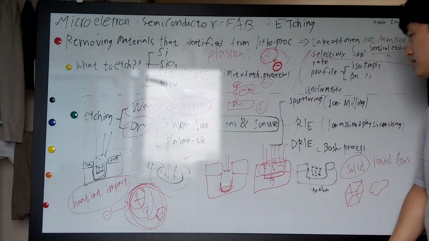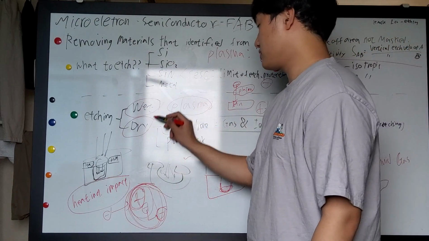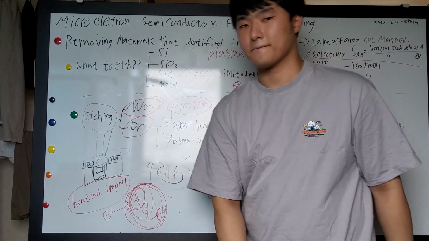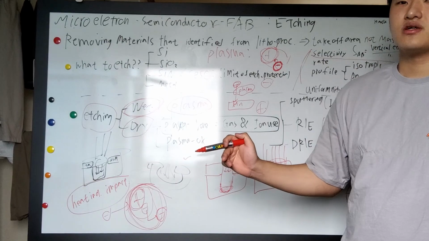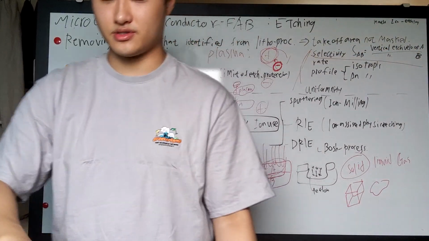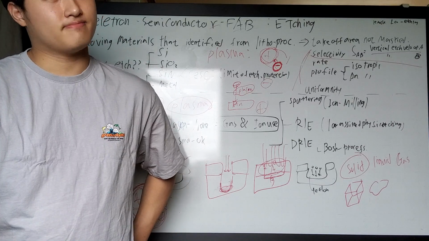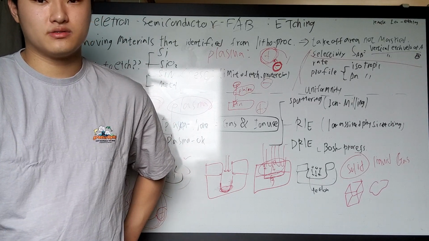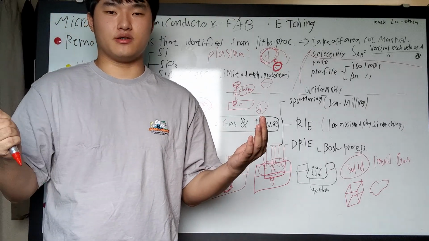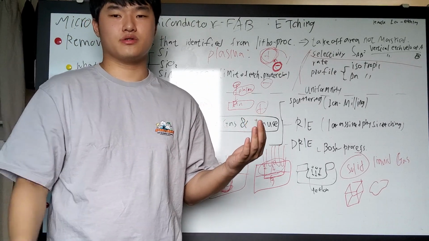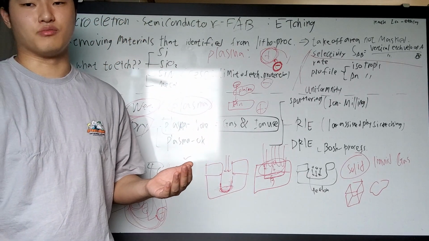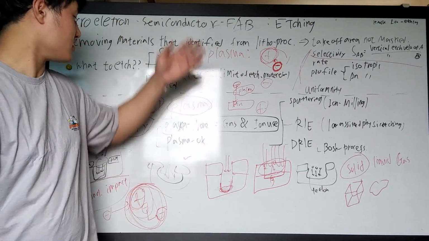So, first, the wet etching is just easy. Some chemical reactants weaken or destroy or disconnect the bonds between the molecules or ions. Very easy.